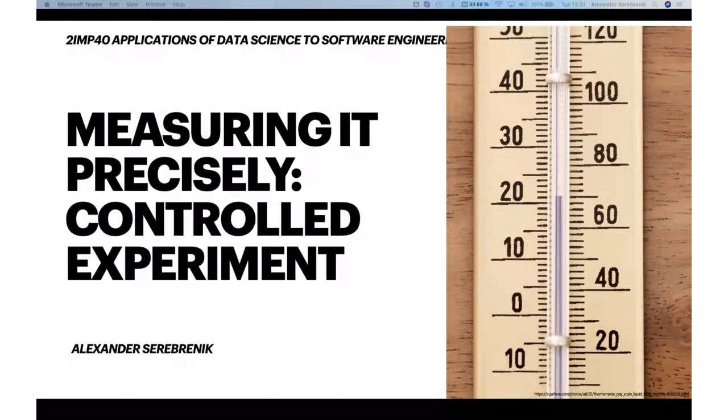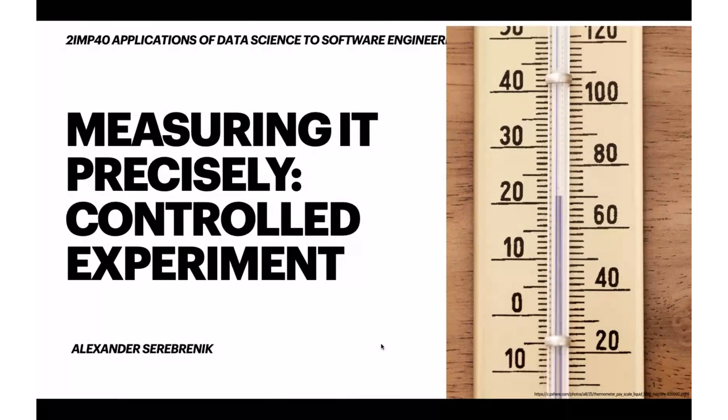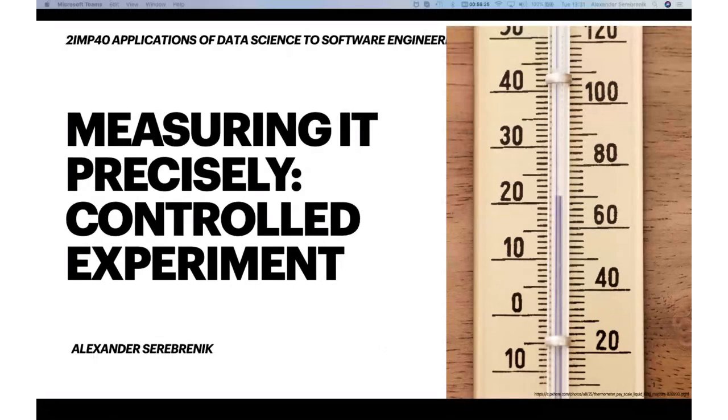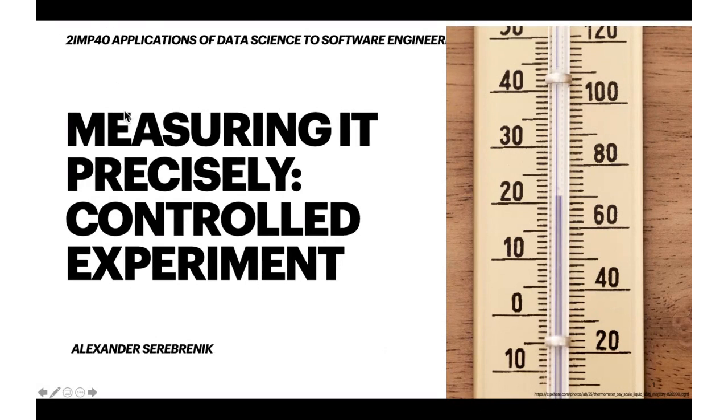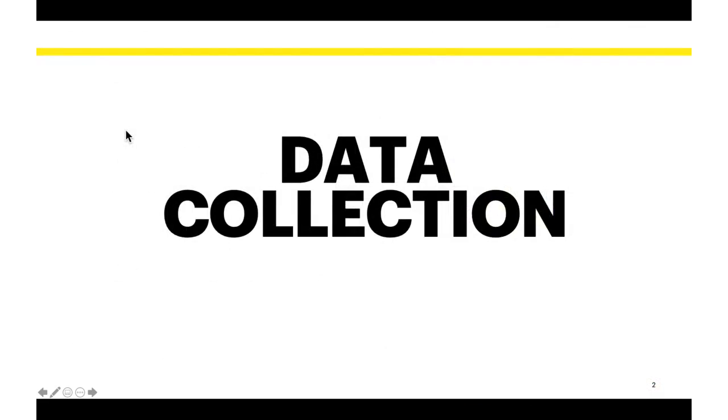But let us start. Today we are talking about measuring as precisely as possible. And I'm going to see in a moment why I'm saying as precisely as possible. It is still part of our discussion of data collection. You might remember that we've been talking about data collection more or less since the beginning of this course, after a brief introduction of the first week.